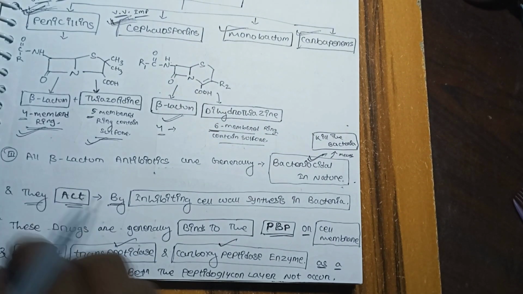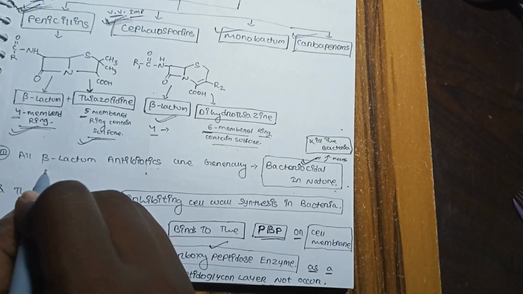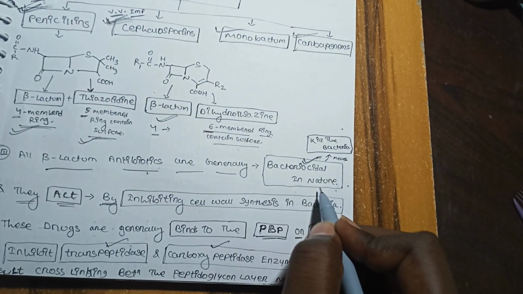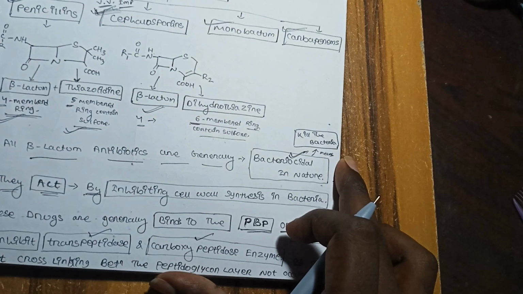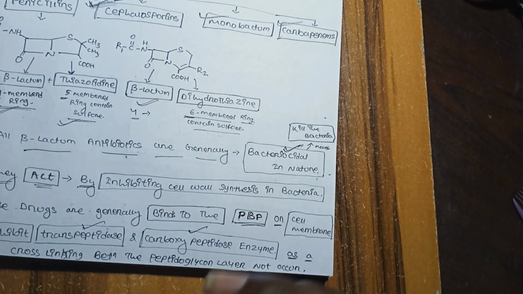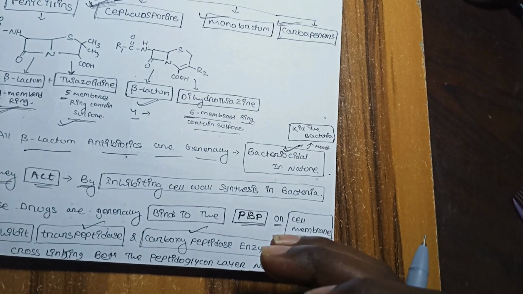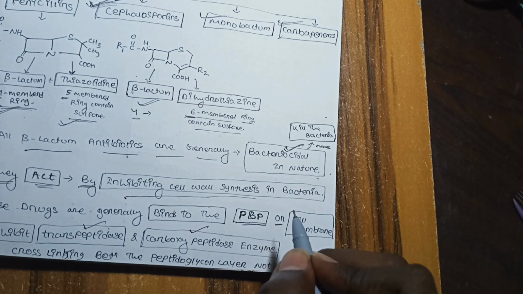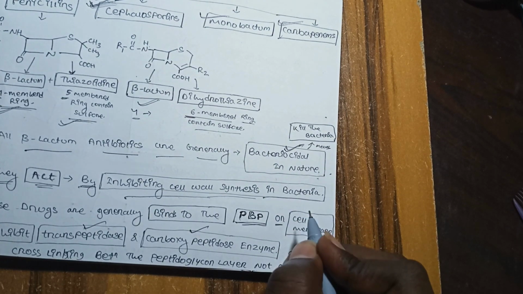Now, all beta-lactam antibiotics are generally bactericidal in nature, meaning they do not merely inhibit the growth of bacteria. Bactericidal means killing the bacteria by inhibiting cell wall synthesis in bacteria.